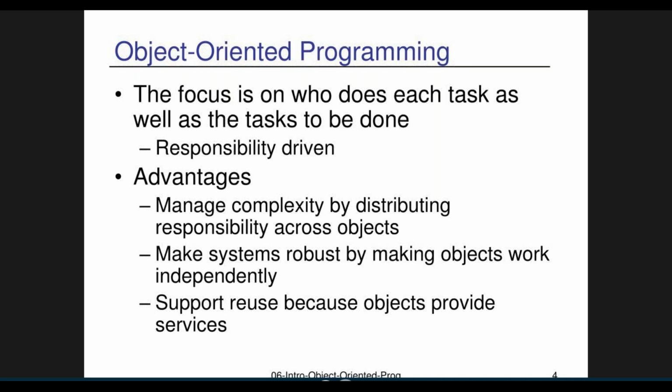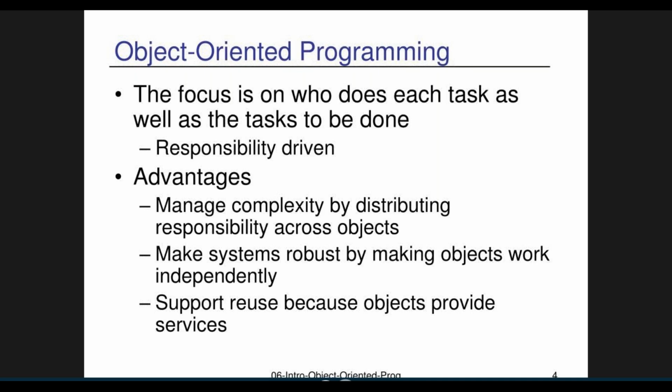What are the advantages over procedure oriented programming language? Manage complexity by distributing. If a complex problem is there, we can distribute it. Distribution in the sense that we separate the entire task; the task is divided into subprograms, then we can individually complete our own tasks. Then ultimately we can combine the programs.